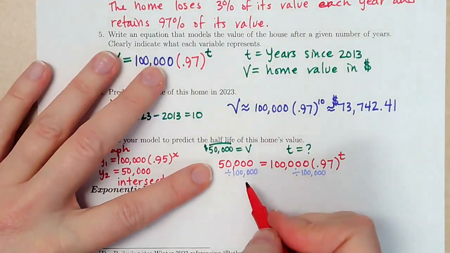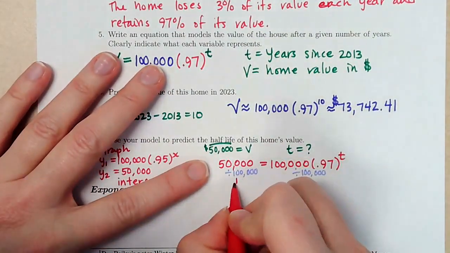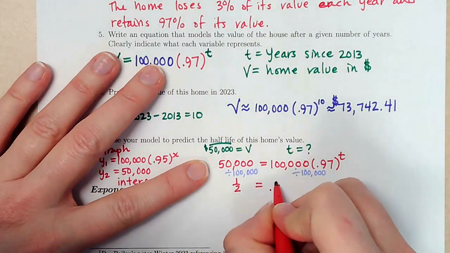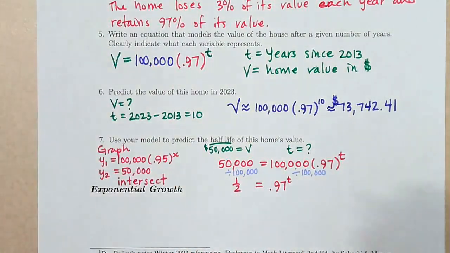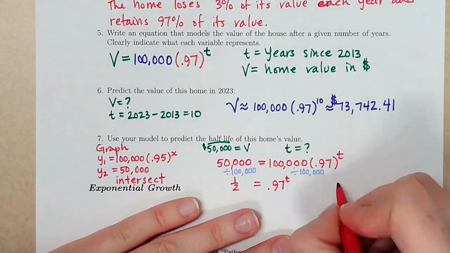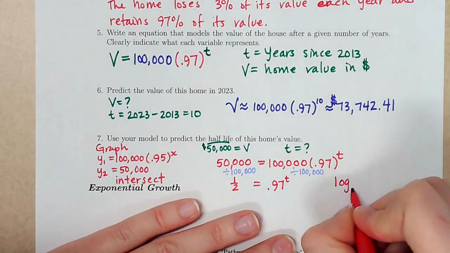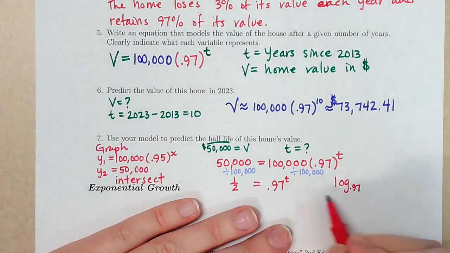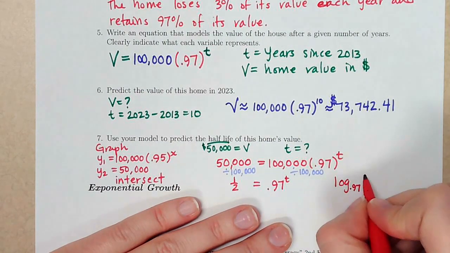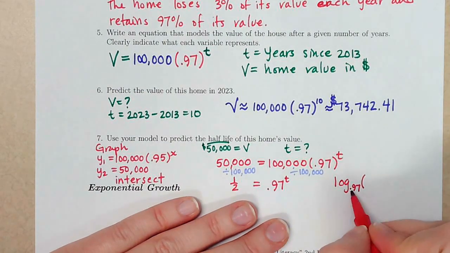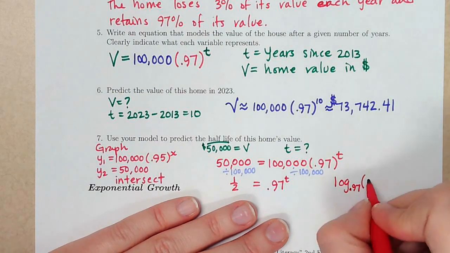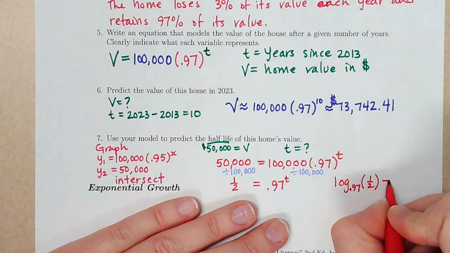So 50 divided by 100, that'll be a half, and 0.97 to the T. And now I will do log. Okay, so the exponent on 0.97. What is the exponent on 0.97 that will spit out 1/2?